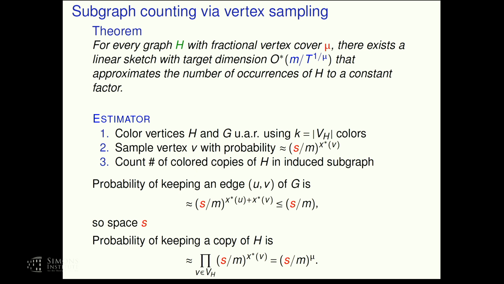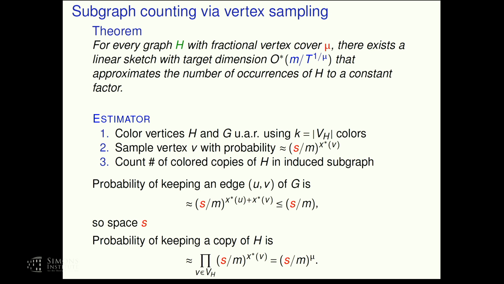One can check how the fractional vertex cover comes into play here. For instance, one can check that the space complexity is indeed at most S. Why? Because for every edge in the graph G, the probability of keeping an edge is the sampling parameter raised to the power of the amount of mass that was placed on one node plus the amount of mass on the other node.